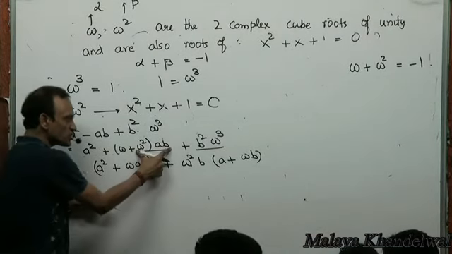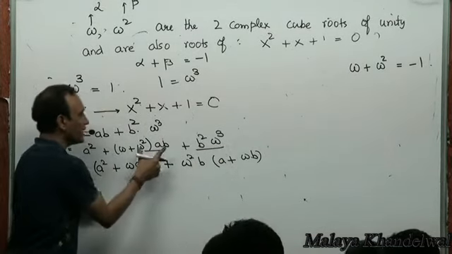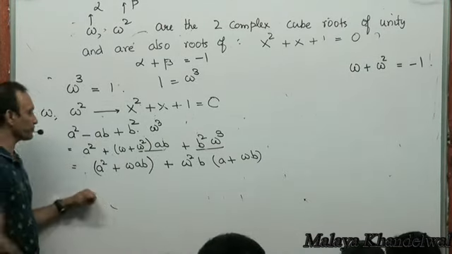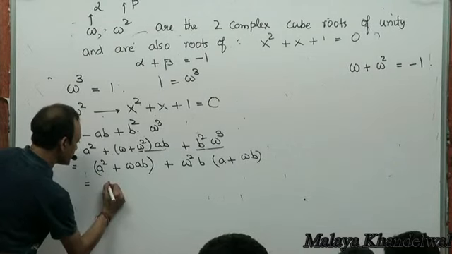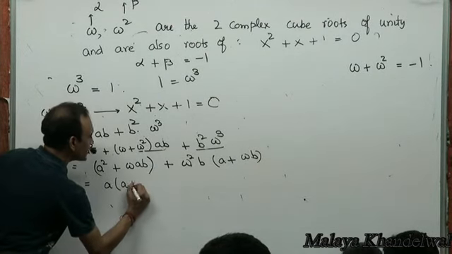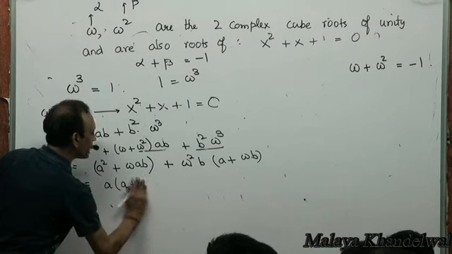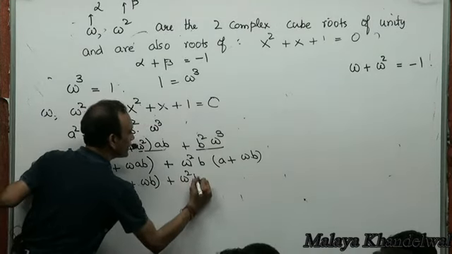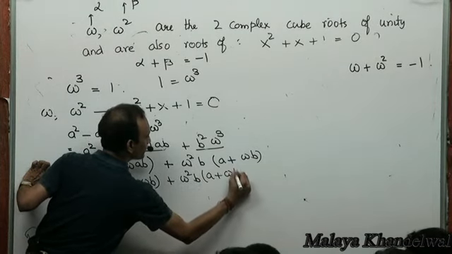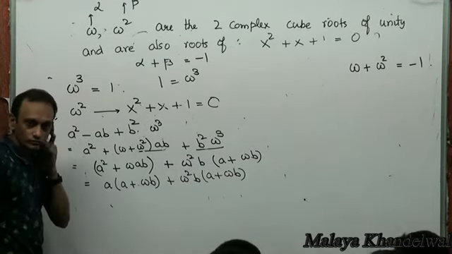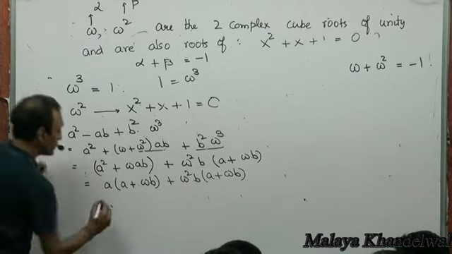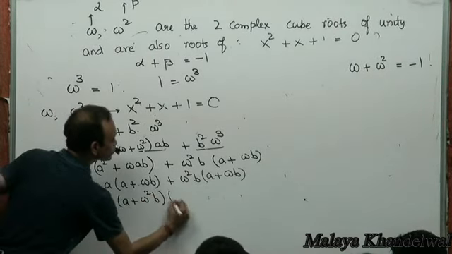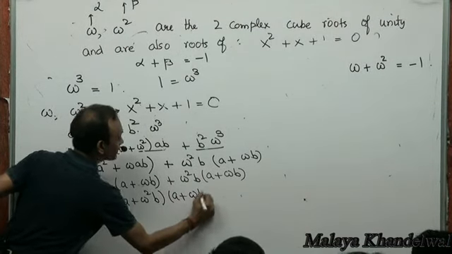Omega squared ab and omega cubed b squared, I take omega squared b common from this, so a plus omega b, and this I take a common, this is also a into a plus omega b, plus omega squared b into a plus omega b. Yes or no? This then is a plus omega squared b into a plus omega b.